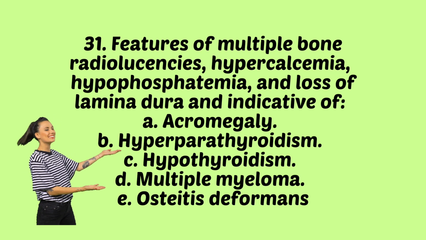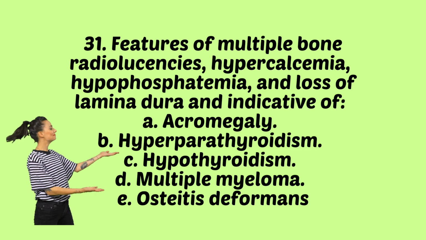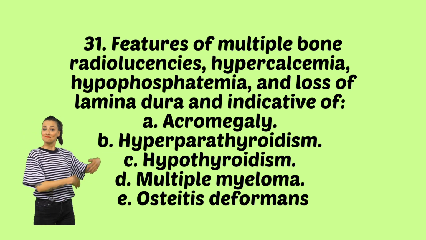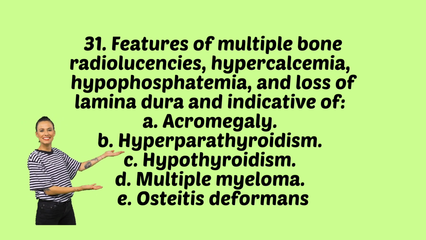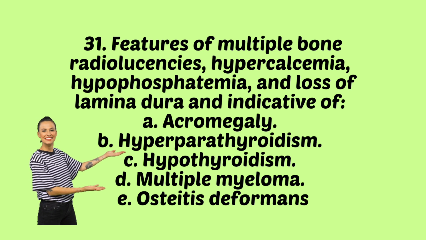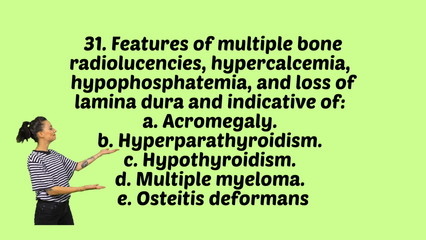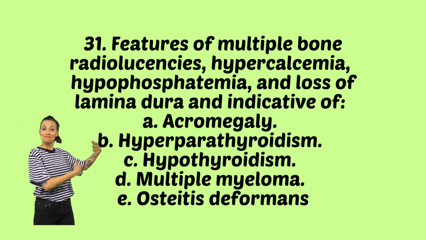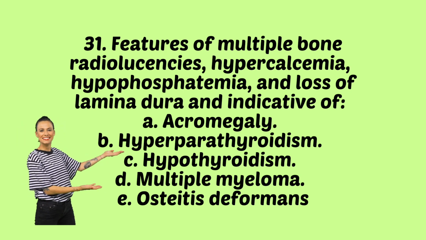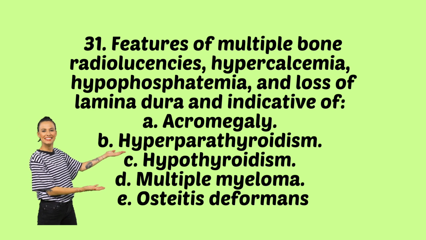Ramsay-Hunt syndrome. 31. Features of multiple bone radiolucencies, hypercalcemia, hypophosphatemia, and loss of lamina dura are indicative of A. Acromegaly. B. Hyperparathyroidism. C. Hypothyroidism. D. Multiple myeloma. E. Osteitis deformans.